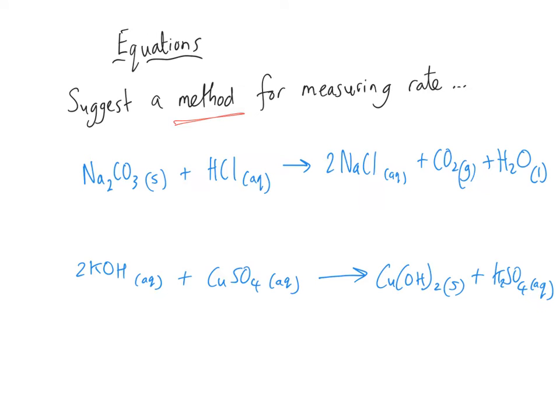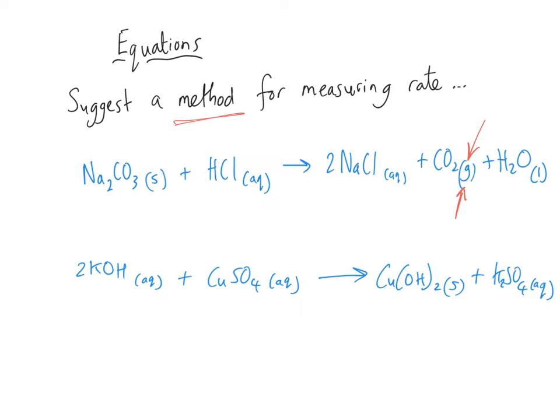And the one that we are interested in is not any of these other ones. We're only interested in this little G here, because that little G tells us that we're making a gas in this chemical reaction. And so actually we could use either method 1 and measure the mass drop, or we could use method 2 and collect that carbon dioxide gas and measure how much we've got over time.